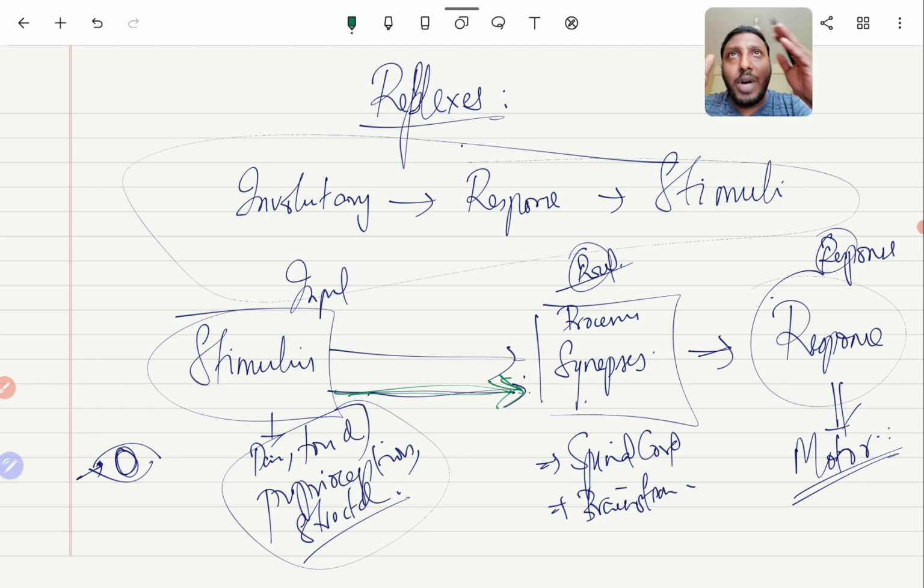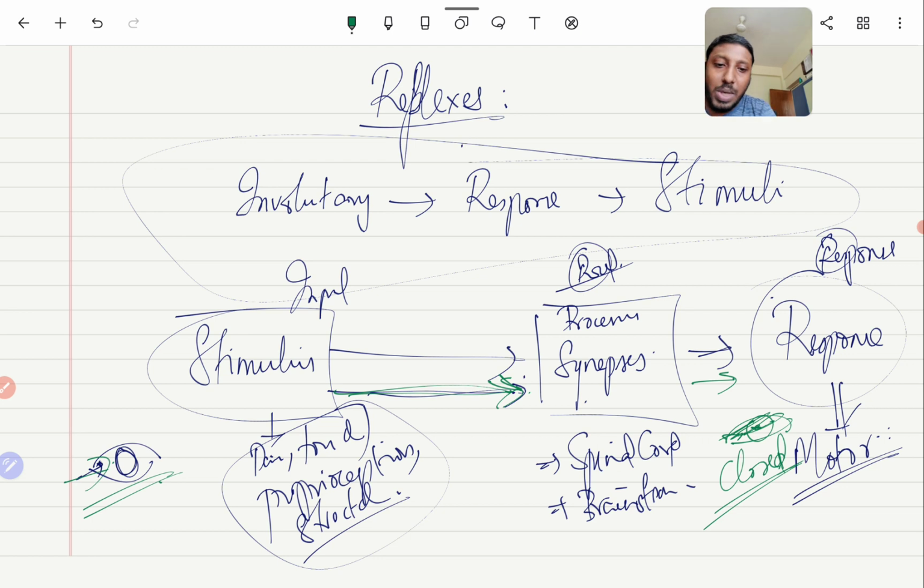So there are a lot of connections between the trigeminal nerve and the facial nerve, and out comes an involuntary response: the eyes are closed. Touch is the stimulus, processing is at the trigeminal area, in the midbrain somewhere, and then there is the closing of the eye as the response.